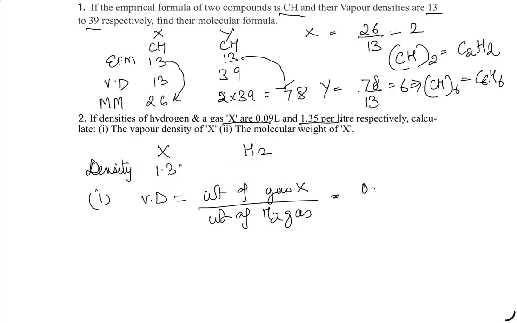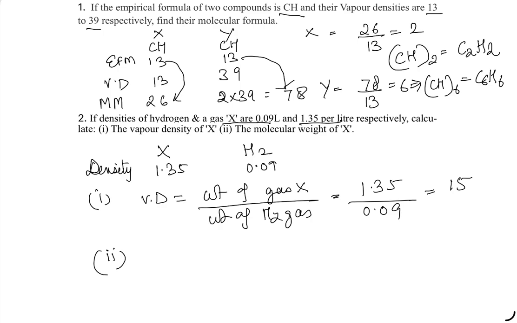This is 1.35, this is 0.09. So I can say 1.35 divided by 0.09, and if you divide it, you will get 15. So what will be my answer for vapor density? 15. By applying the formula directly, I got 15.